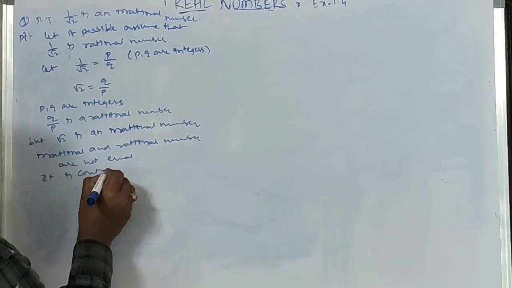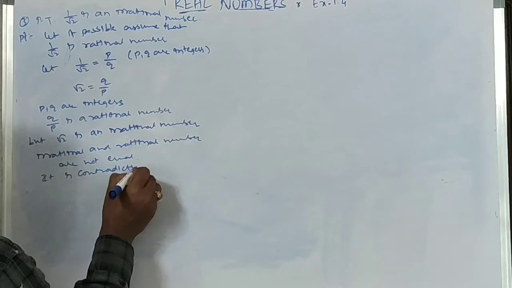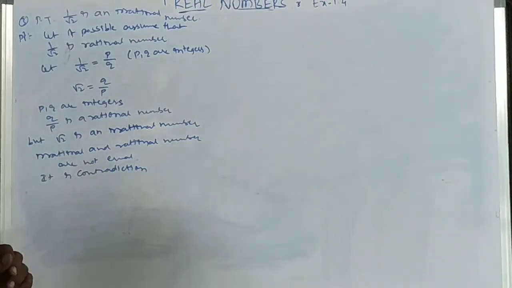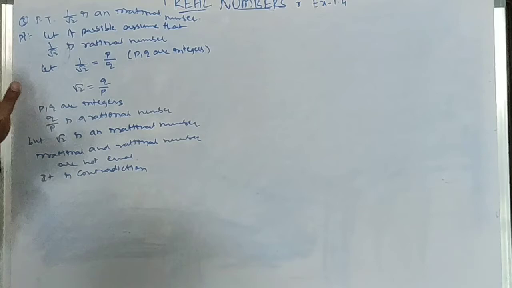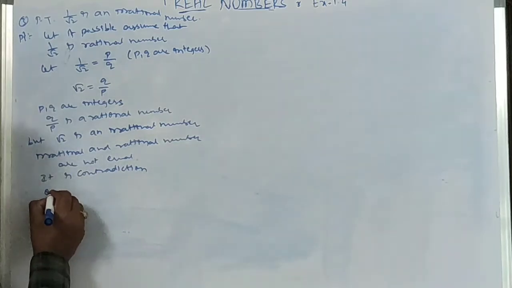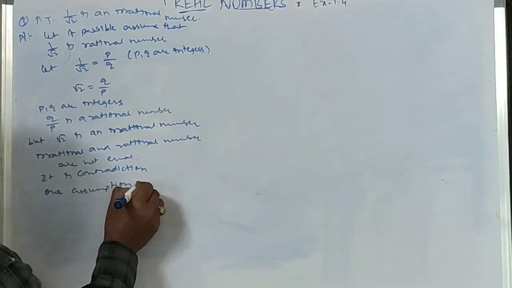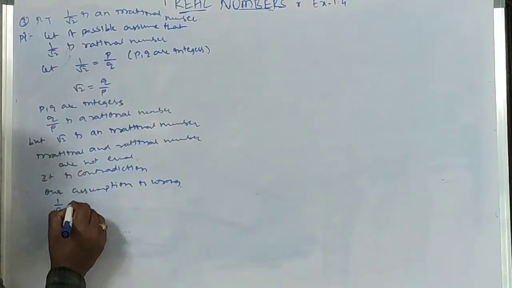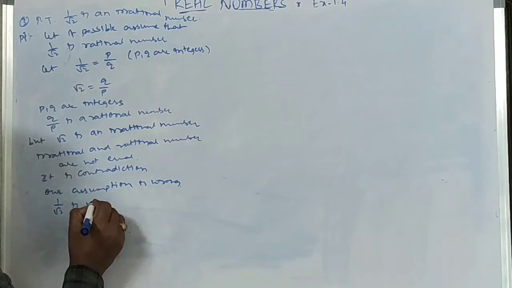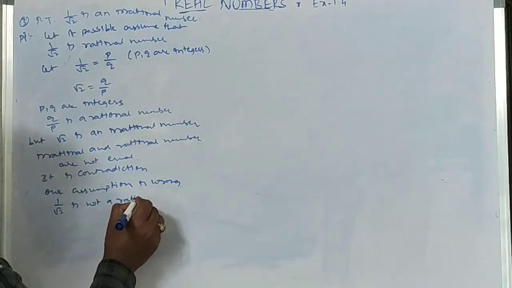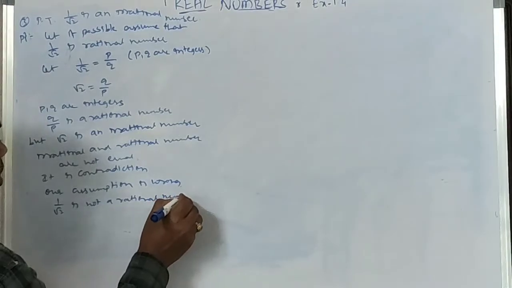So it is a contradiction. Why did we get a contradiction? Whatever we assumed is wrong; our assumption is wrong. What is our assumption? That 1 by root 2 is a rational number. So 1 by root 2 is not a rational number.